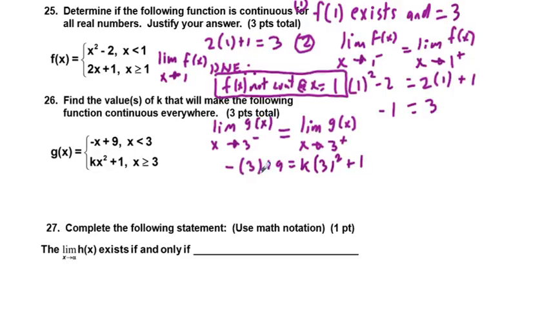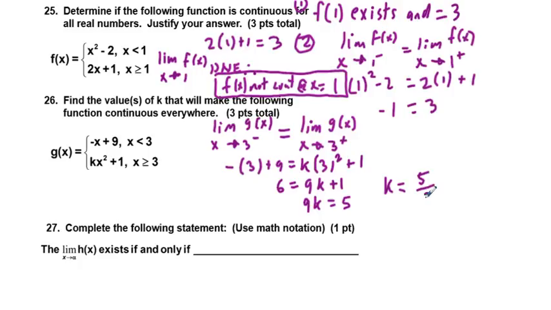So on the left side, negative 3 plus 9 is going to be 6. We have 6 equals 9k plus 1. And if we subtract 1 from each side of the equation, we have 9k equals 5. So k is equal to 5/9.